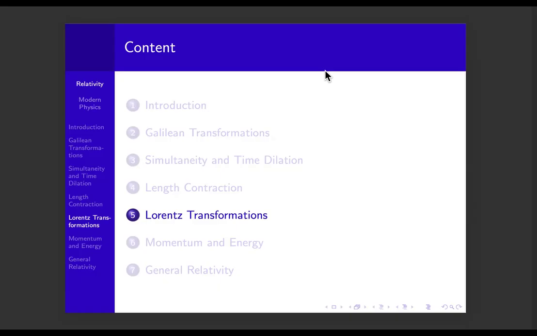I tend to use Lorentz transformations more for when you have some event happening and something's moving relative to both me and somebody else, and I want to see how that event transforms between both of our different points of view.